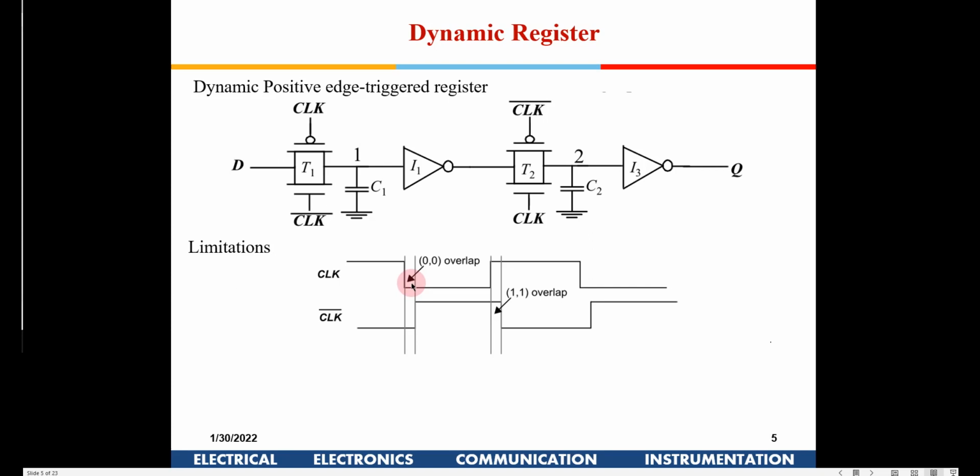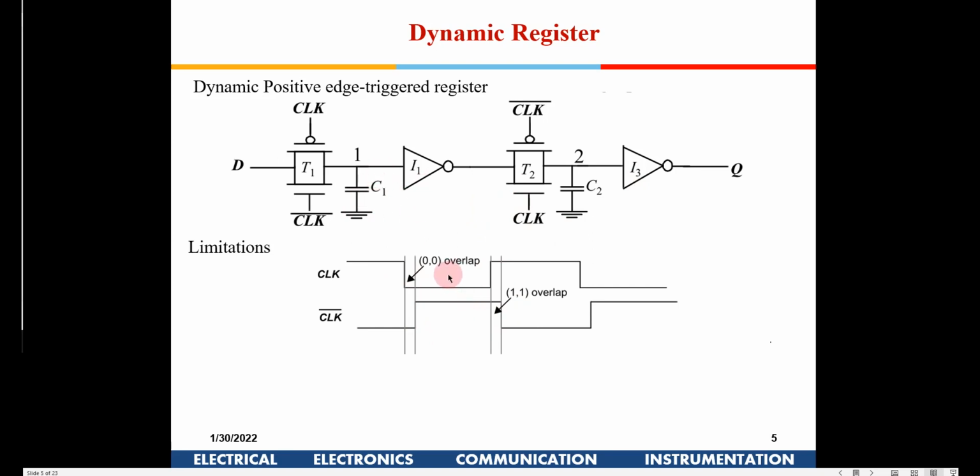In this case, there is a possibility that 0 0 can happen, that is, clock is 0 and clock bar is also 0. Similarly, clock 1 and clock bar 1 can also happen for a small duration. This is an unwanted thing, but it can still happen in a practically realized layout.